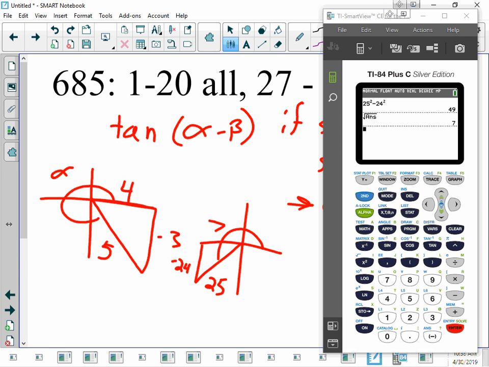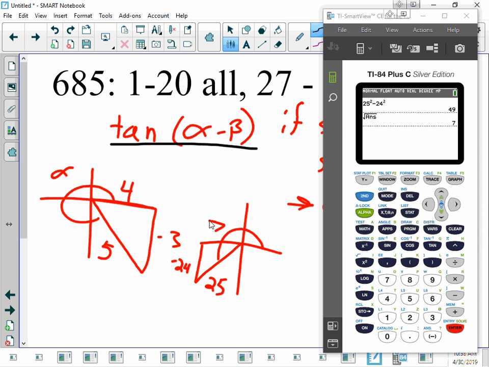Okay. Now what do I do? Well, now I need to work on this. Do we want to use the tangent formula, or do we want to use the sine formula and then divide it by the cosine formula? Maybe I'll show you both ways so you can see which one you want.